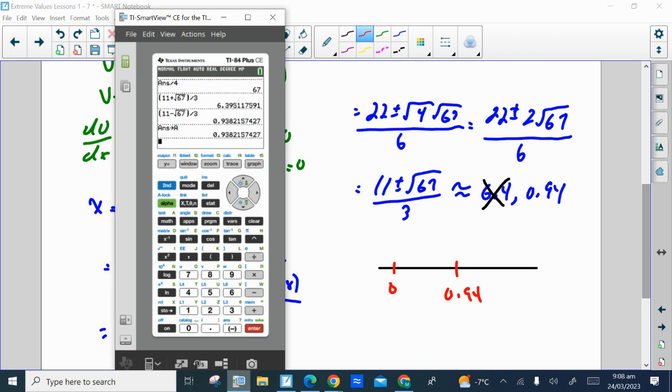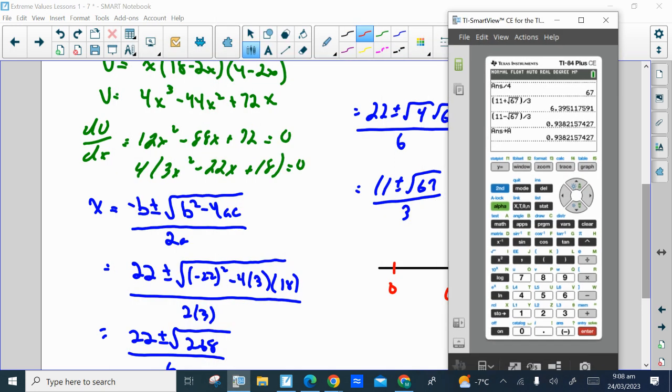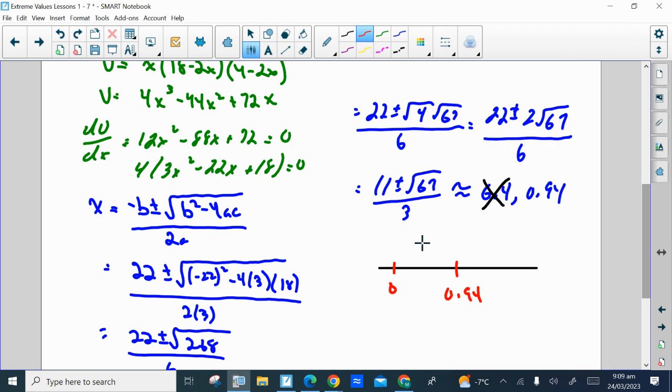And now when x equals 0.5, and I plug that value into the derivative, so 3 times 0.5 squared minus 22 times 0.5 plus 18 is a positive value.